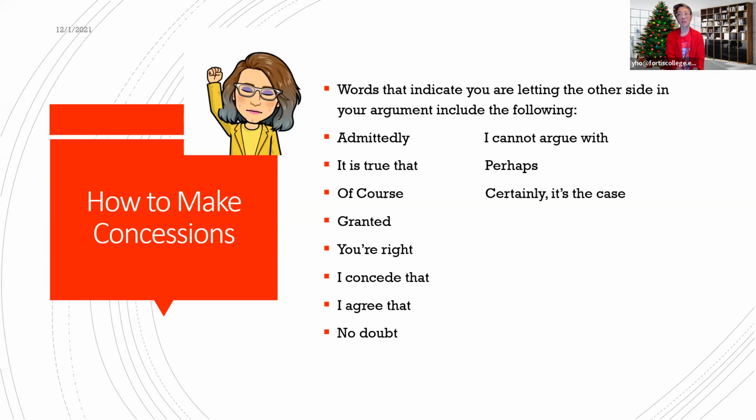If my thesis statement is vaping is dangerous, what's the other side of that? The other side of that argument is vaping is not dangerous, right? So we're going to mention, you can use any of these words: admittedly, it is true that, granted, I concede that, or I agree that. You start your sentence with any of these.